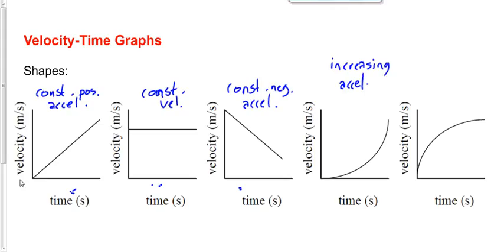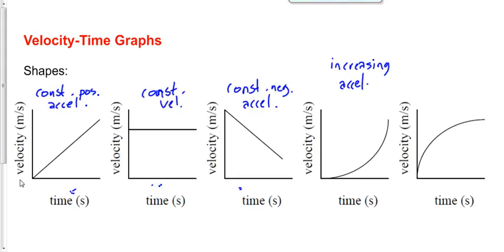If we were to use our analogy again of putting your foot on the gas pedal, this time it would be put your foot down on the gas pedal, but gradually put your foot further and further and further down. So not only are you speeding up, but the rate at which you speed up increases.